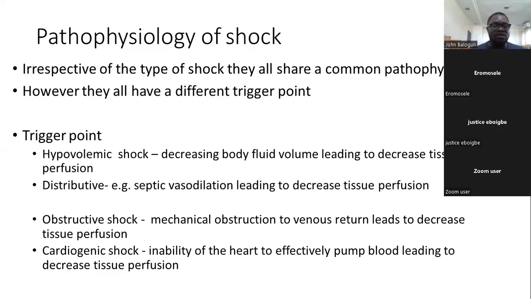Another means it uses is through the adrenal gland. In fact, the adrenal gland is usually the first to respond to the early stages of shock. It is the first to release the catecholamines, the adrenaline and the noradrenaline, particularly the adrenaline. The adrenaline will cause vasoconstriction of the renal arteries, intestinal arteries, and arteries that supply the muscle.